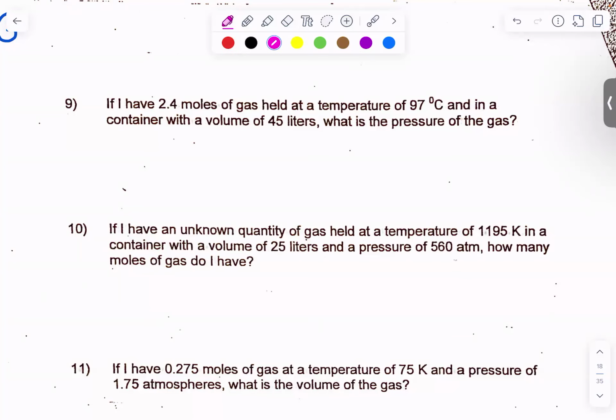Okay. If I have 2.4 moles of gas held at a temperature of 97 degrees Celsius and a container with a volume of 45 liters, what is the pressure of the gas?